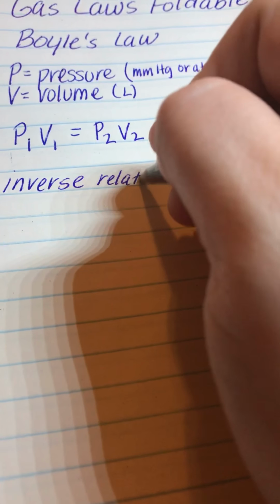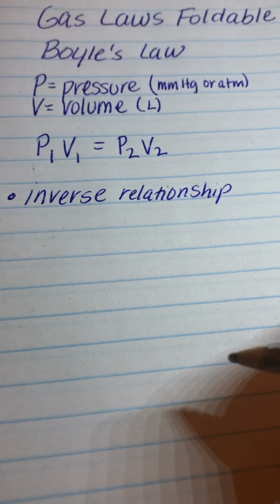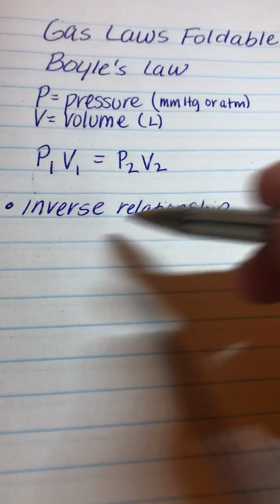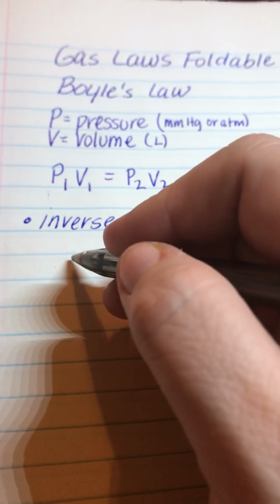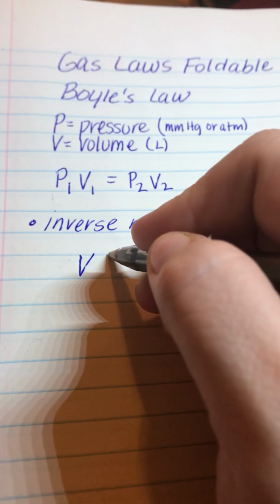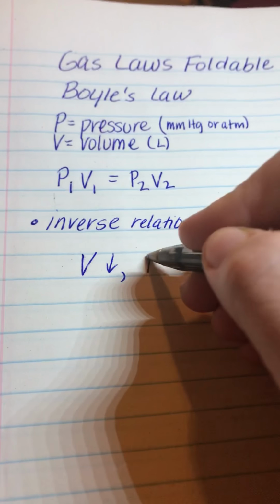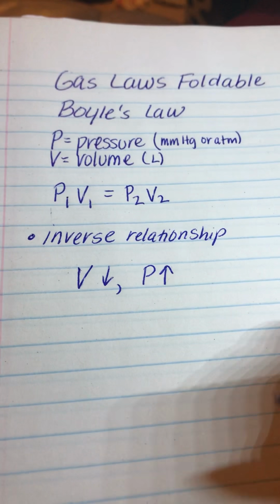These two are an inverse relationship, which means that if the volume were to go down, the pressure would go up. They're opposites.